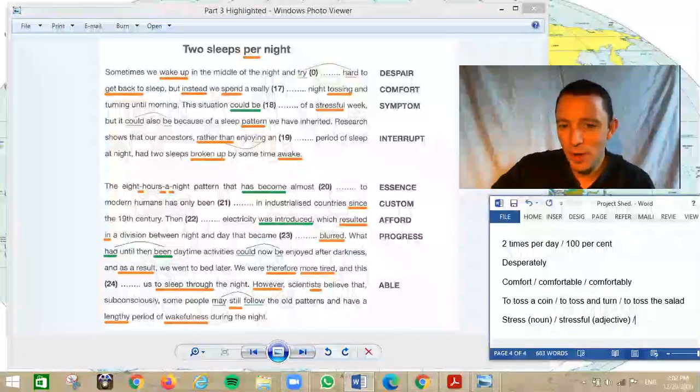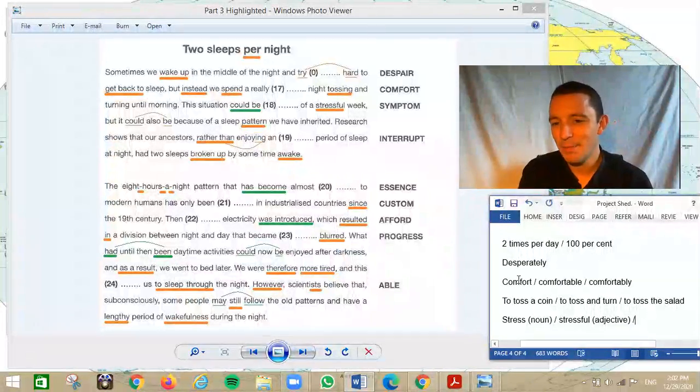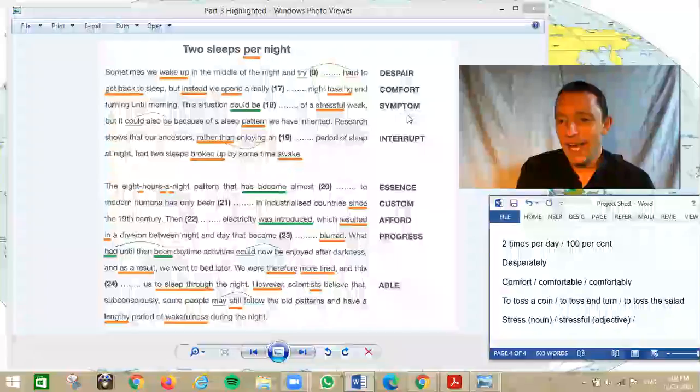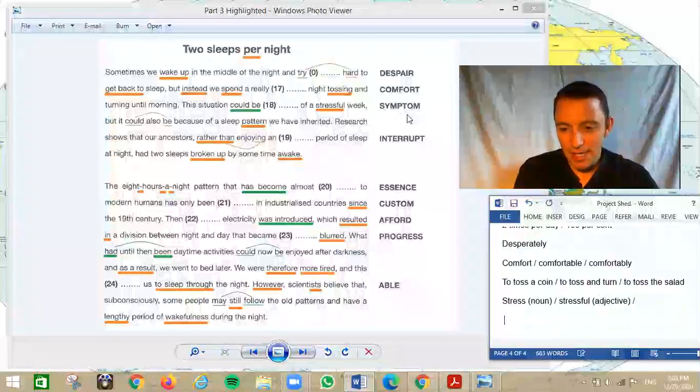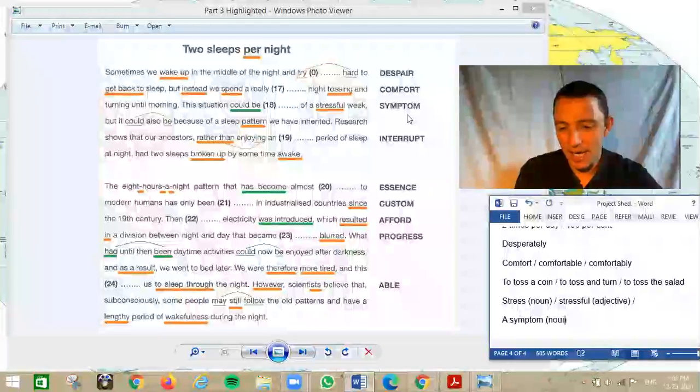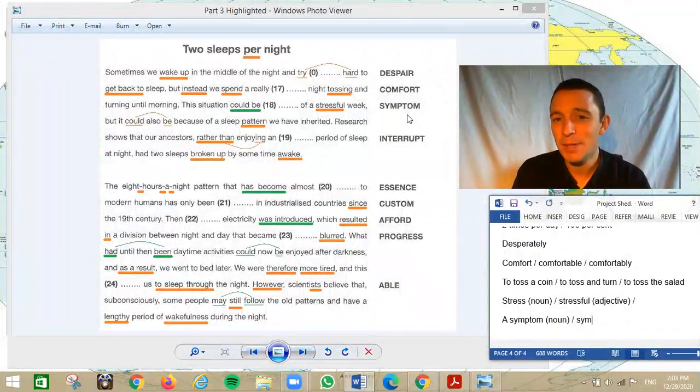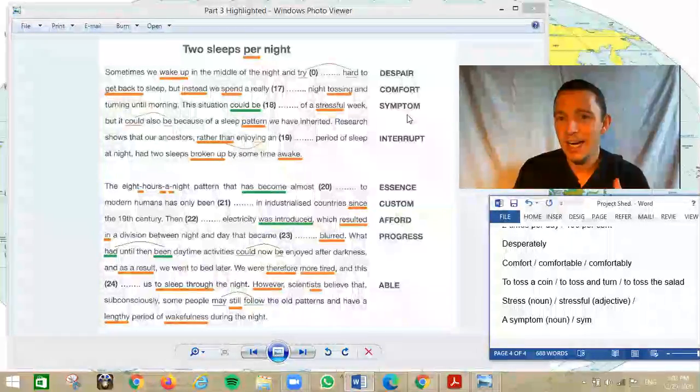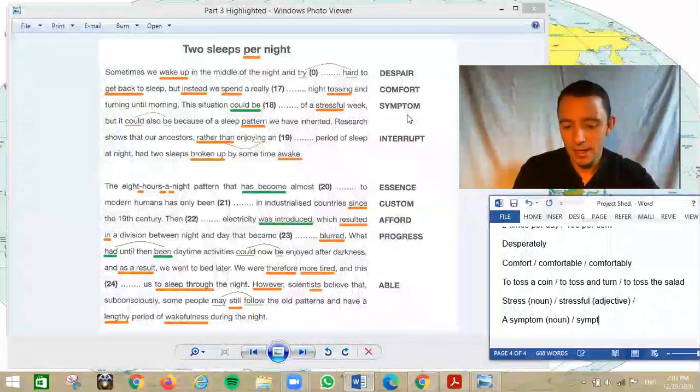Okay, and in this situation, we have the word symptom. So again, symptom is very similar in Spanish, and here it is the substantive, okay, the noun. And the correct word here is a little bit difficult, symptomatic. So it's a typical word in English in relation to the doctor, and here it's symptomatic, okay?